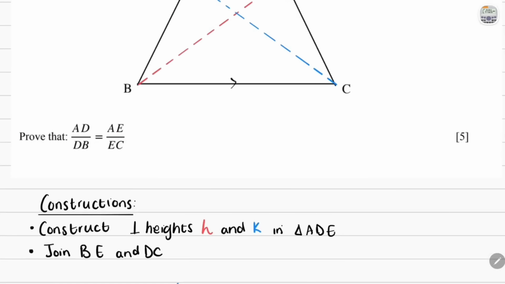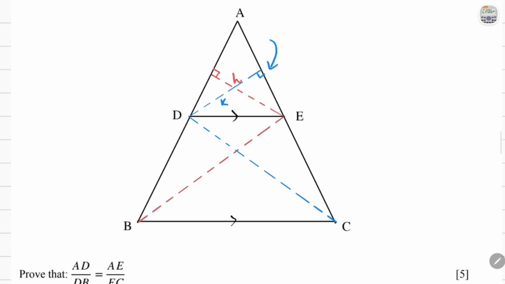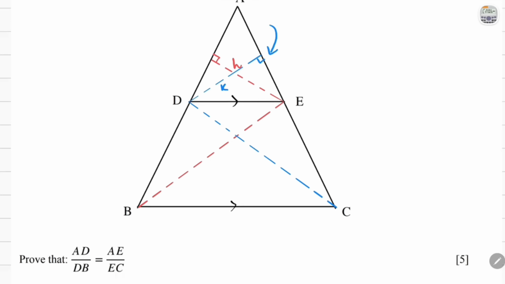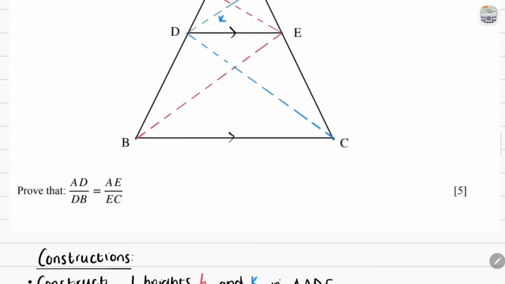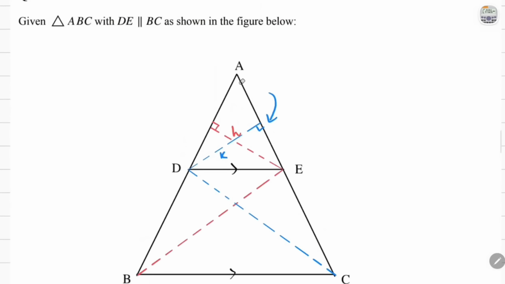So we're taking AE as the base and then EC as the base of this other triangle that we have here. Okay, so let's just write down what that would be. This would be equal to a half multiplied by its base, which we can see is AE, multiplied by its height. And you can see that if this is the base of the triangle, then the height is from the highest point down and is perpendicular to the base.